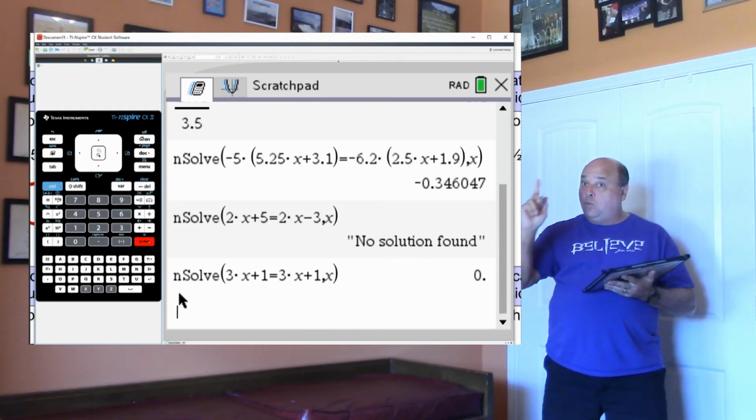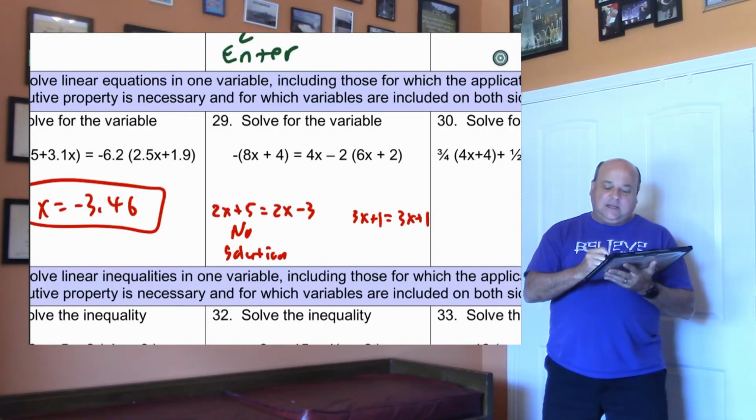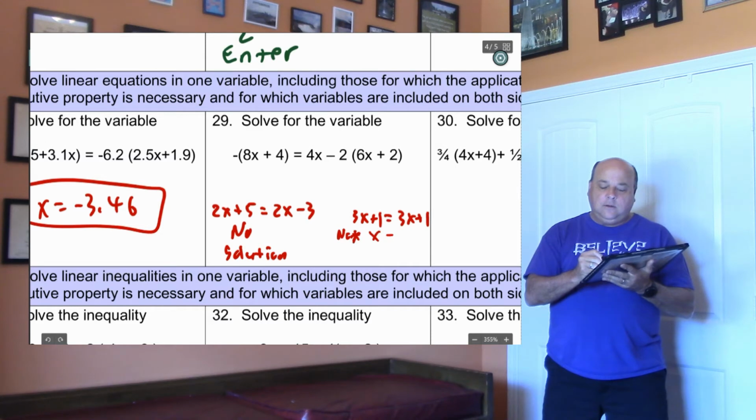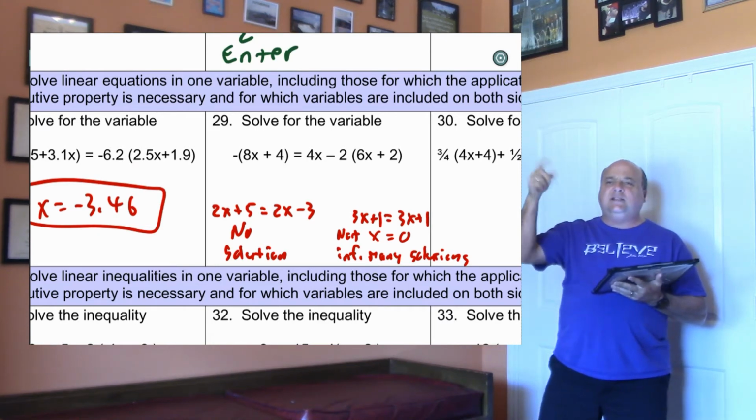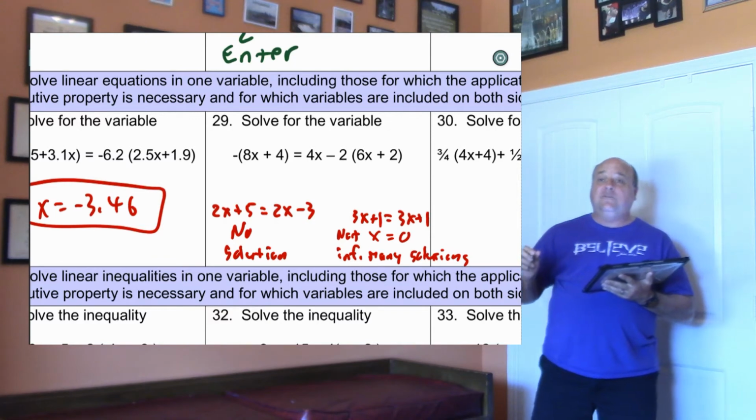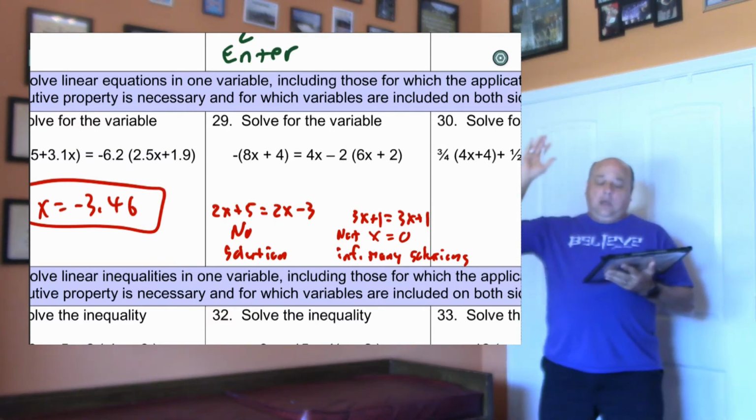Zero's one of the answers, but it's infinitely many solutions because it's not x equals 0, is it? Write that down. It's not x equals 0, it's infinitely many solutions. Very good to know. So if you get x equals 0, look up there, do the arithmetic, and see if the x's cancel out. If the x's cancel out, it's going to be infinitely many solutions.